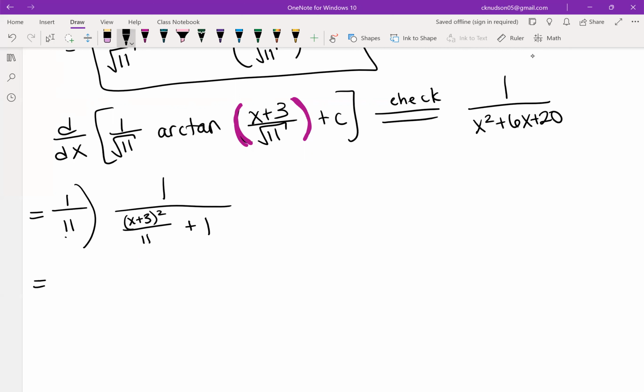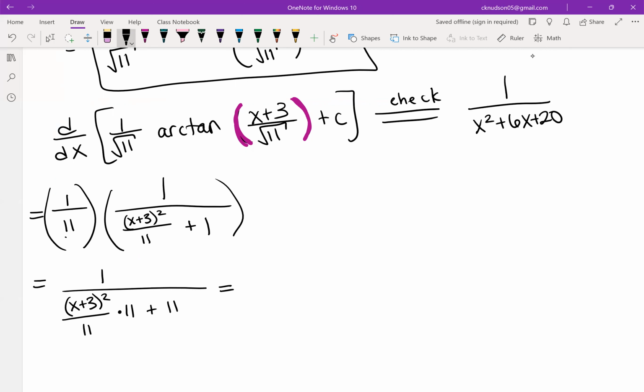Now let's multiply these two fractions by each other, and we do that by multiplying the numerators and multiplying the denominators. So 1 times 1 is 1. And then in the denominator, we have x plus 3 squared over 11 times 11, and then we have plus 11. So this works out to be 1 over x plus 3 squared plus 11.